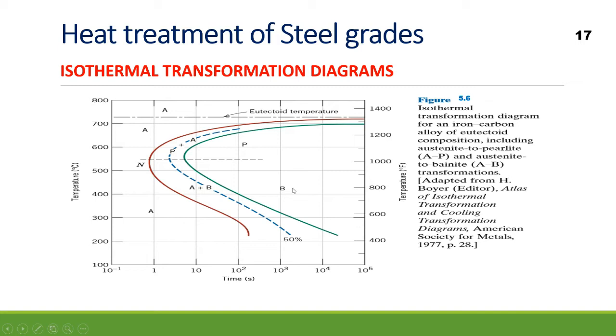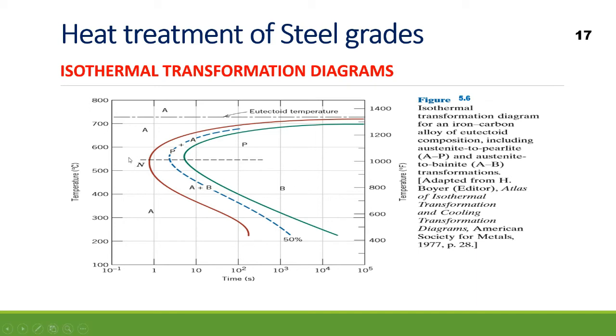As we have already discussed, if you hold the austenite from 300 to 540, you will get upper bainite, and if you hold it from 200 to 300 degrees Celsius, you will get lower bainite. So these are the temperature ranges of transformation.